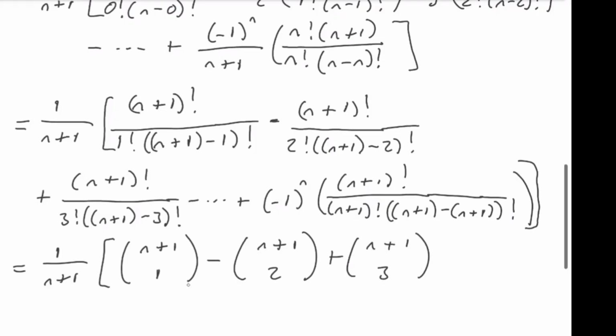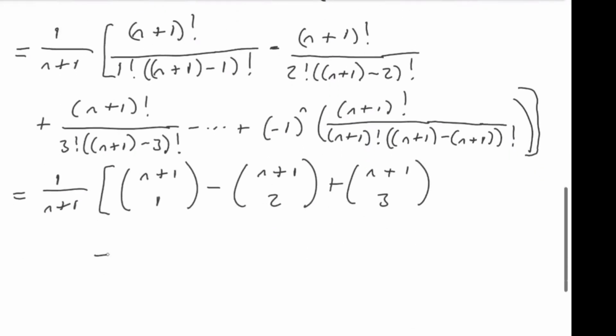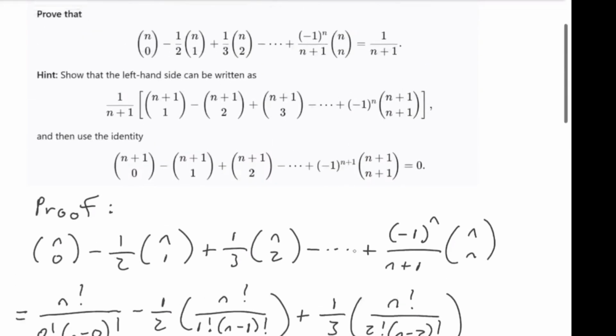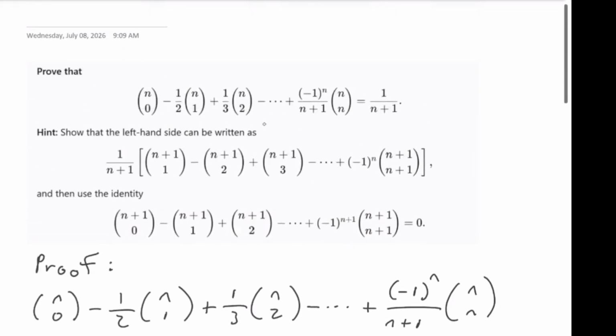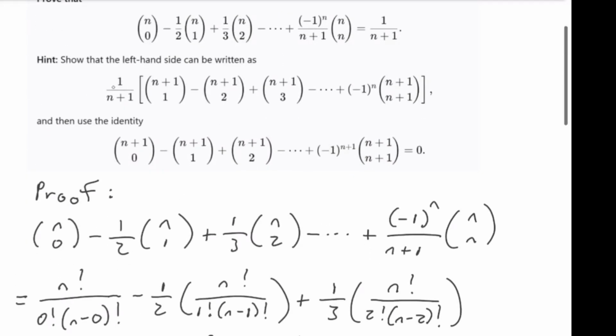And then we can go minus, plus, and then we'll have (-1)^n times n+1 choose n+1. So as you can see, we were able to show that indeed the left-hand side here is equal to this hint here. Now we're going to use this identity here, right?